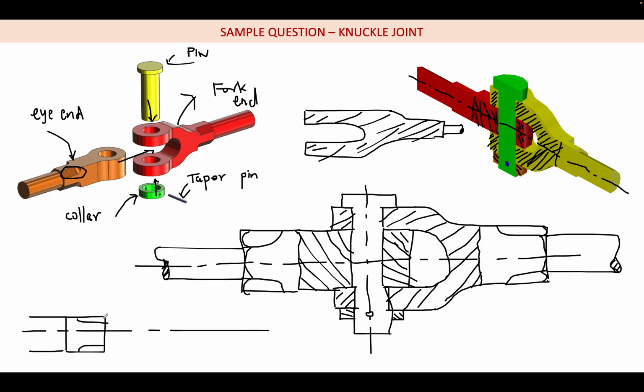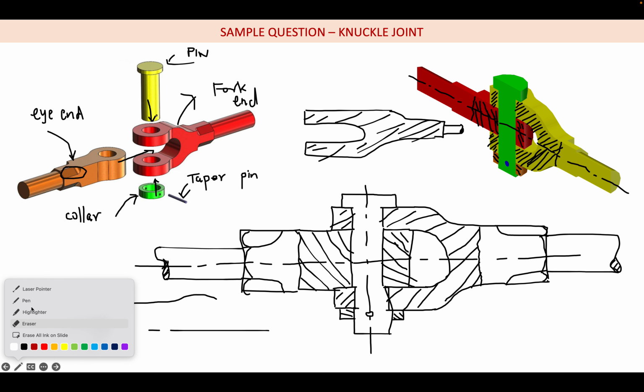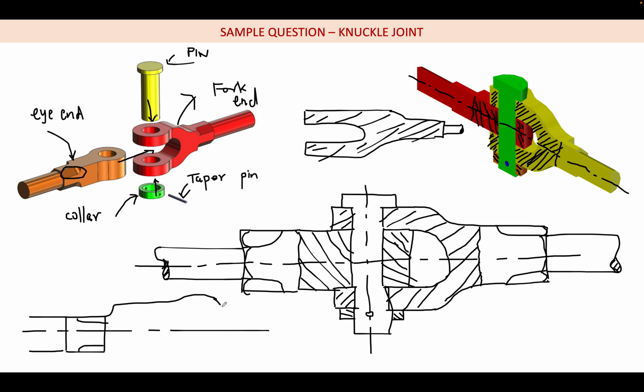And then it will overlap with the fork. So this circle, you can say, both will overlap. Here one more inner circle will be there.